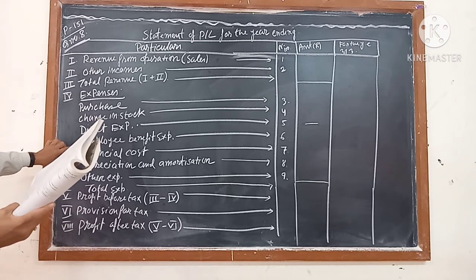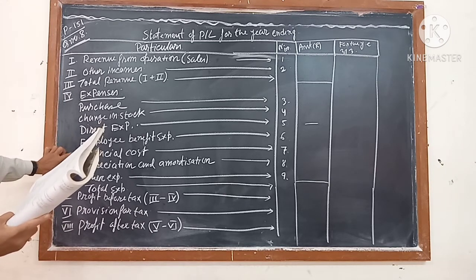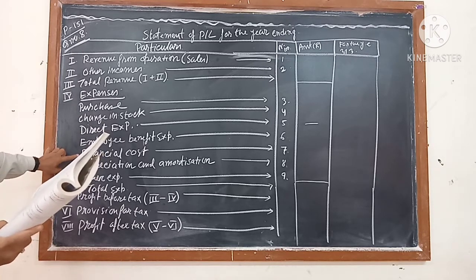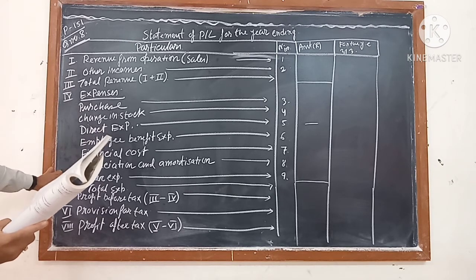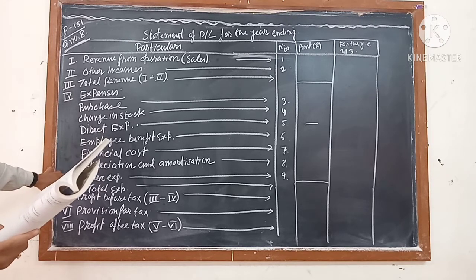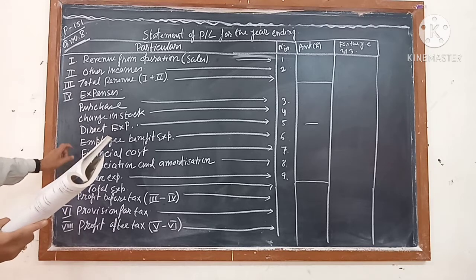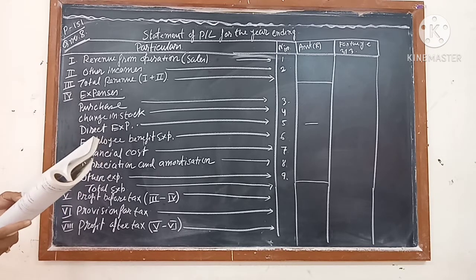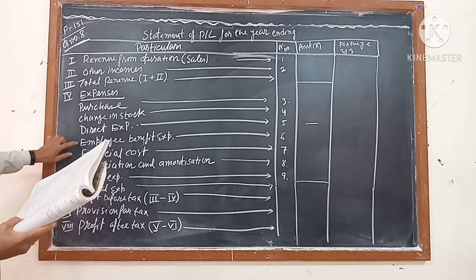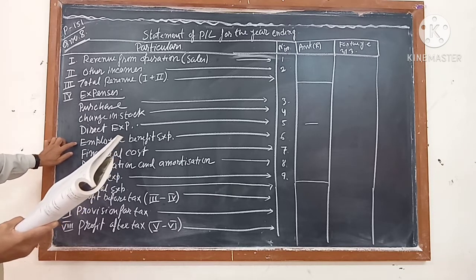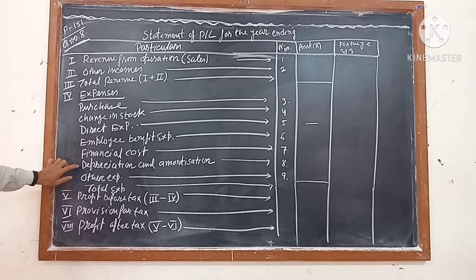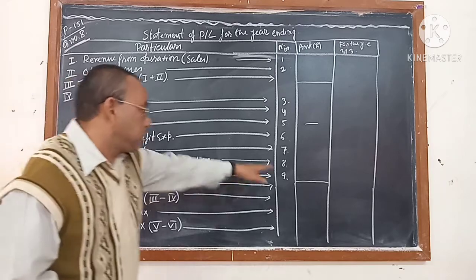Interest on bank overdraft is financial cost, that is number 7. Then bank charges, other expenses, or you can also write financial cost. Bonus to the employee is employee benefit expense. And debenture discount written off, this is all written off, it will come under number 8.